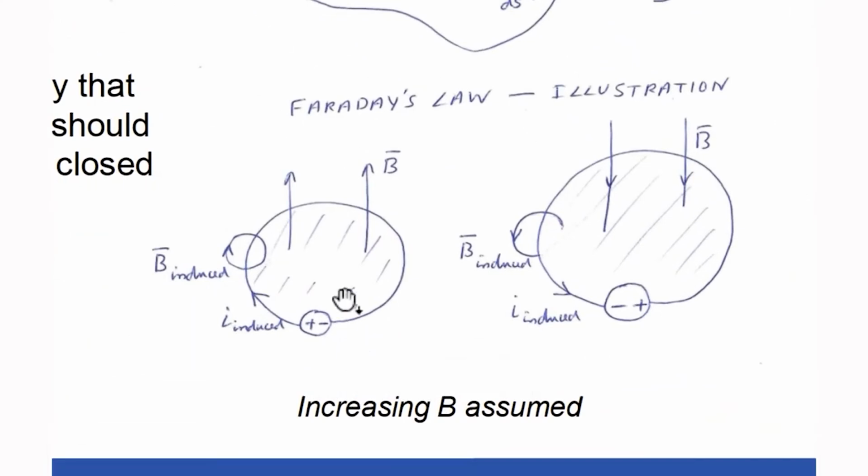Now for that, consider this diagram, a simplified diagram, where B is assumed to be increasing. Now this increasing B should be producing an EMF in such a direction that the current produced should be producing an induced magnetic flux density or magnetic flux that is opposing this original flux.